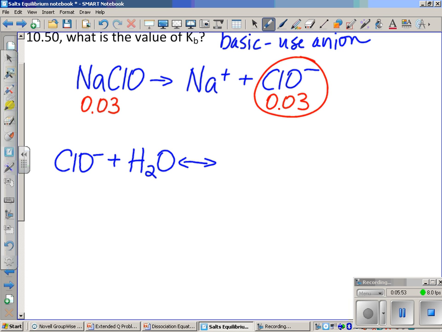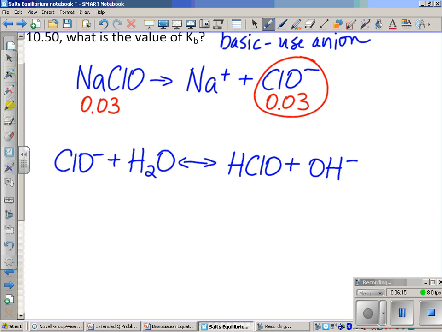We react it with H2O. It's going to steal the H+, making HClO, and then leaving behind OH-. We knew it was basic. It made OH-. That confirms that we probably have done this correct.